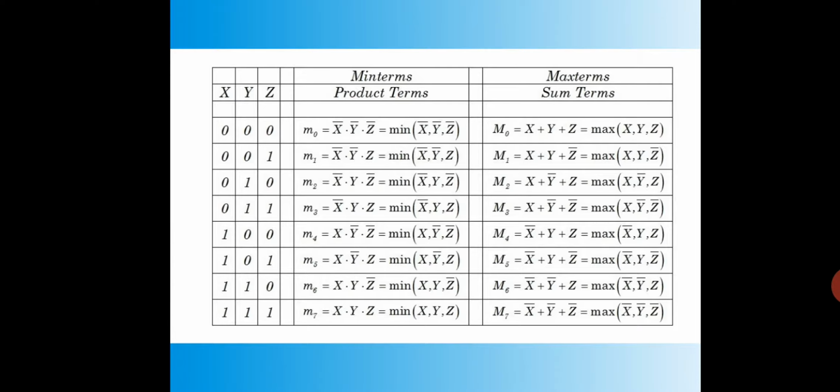But when the input of x is 1, this automatically converts to x dash. So M4 equals x dash plus y plus z, and the function is max of x dash, y, z.